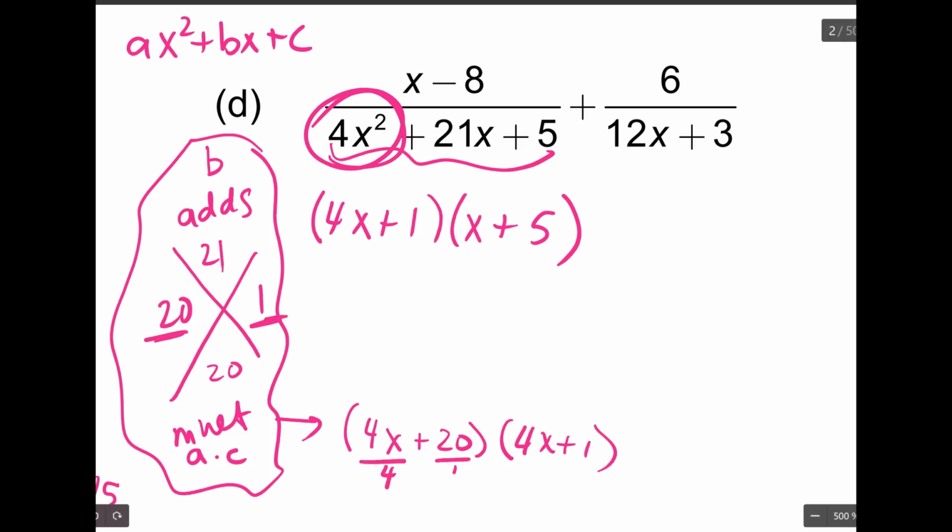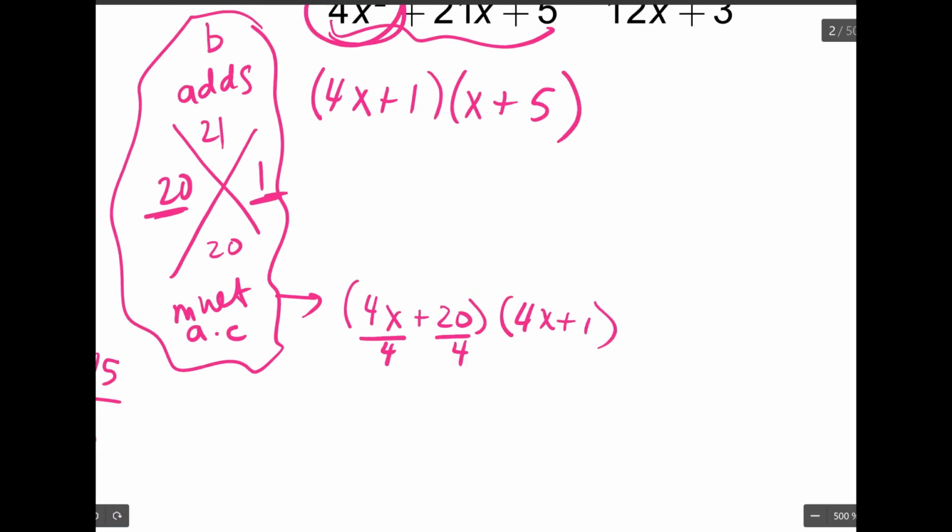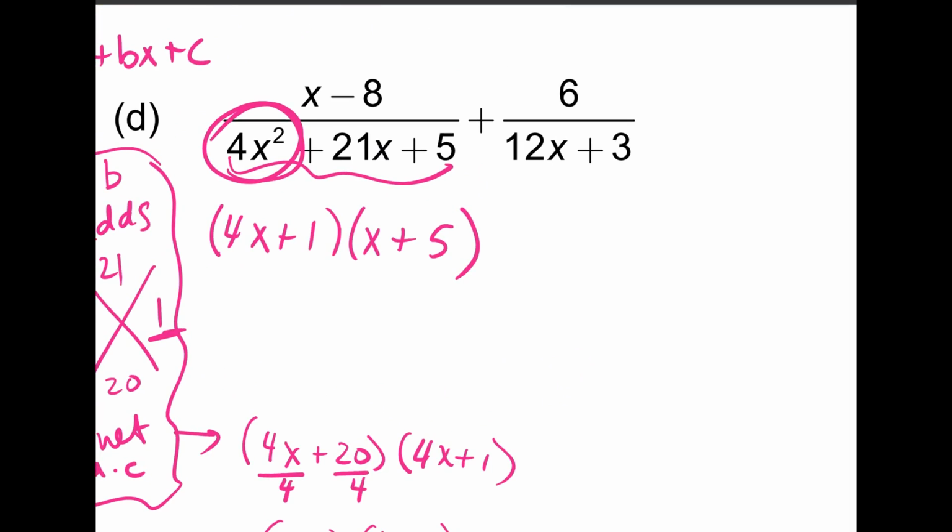Both of these are divisible by 4. So this turns into x plus 5 times 4x plus 1. Is that a cool little trick? You write the coefficient, and then one of your terms can be totally canceled out. You can simplify. So cool. All right. Sorry. Keep going.